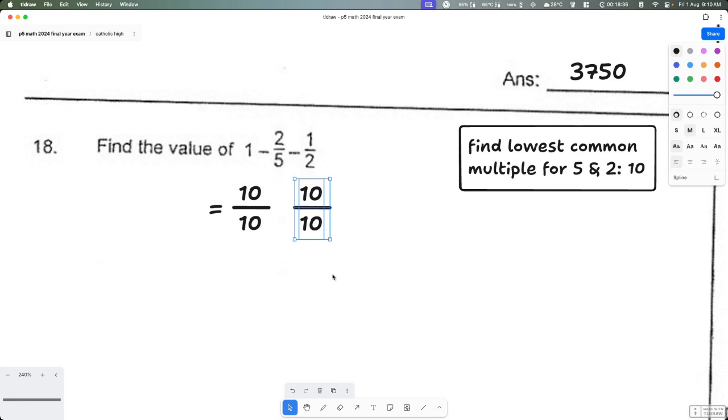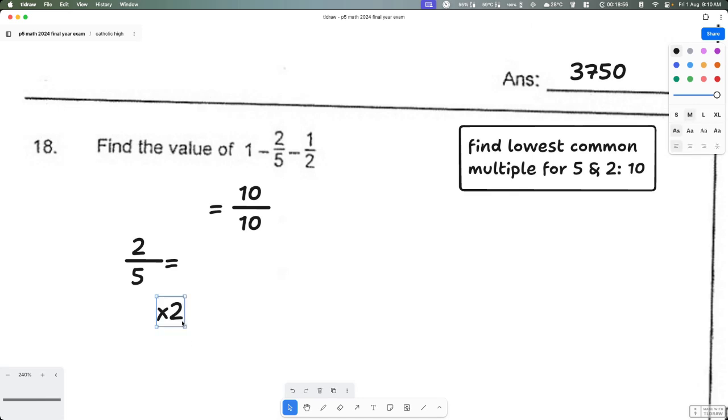Okay, so in this case over here, I'm going to make everything into a denominator of 10. So you have 1 as 10 out of 10, and then 2 out of 5 will become how many out of 10? You multiply by 2 for both the numerator and the denominator.